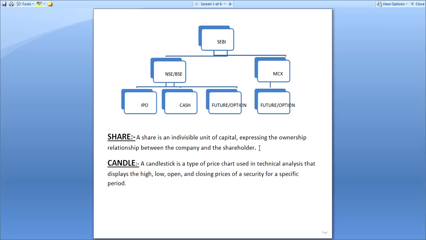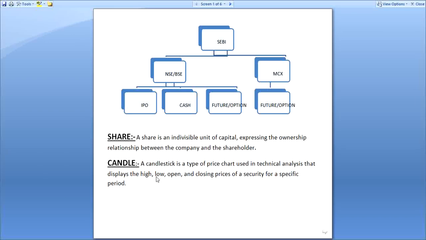So how can we read the charts for that? Candlestick chart patterns are mostly used for technical analysis. So let's see what candles are. A candlestick is a type of price chart used in technical analysis. It displays the high, low, open, and closing prices of the security for a specific period.